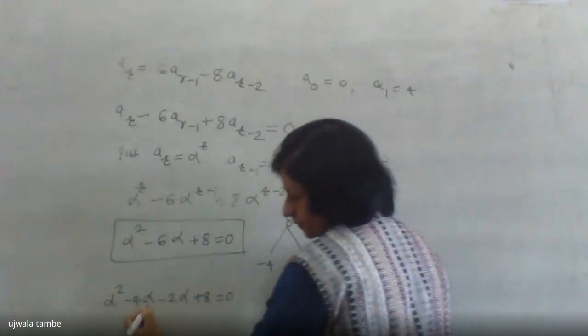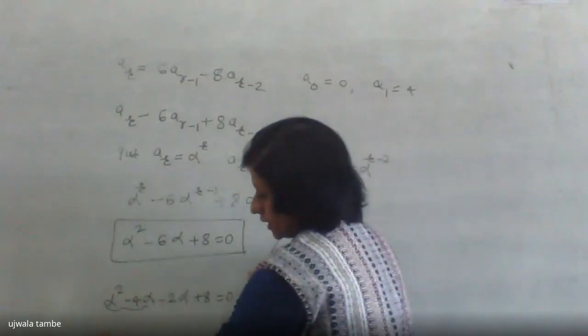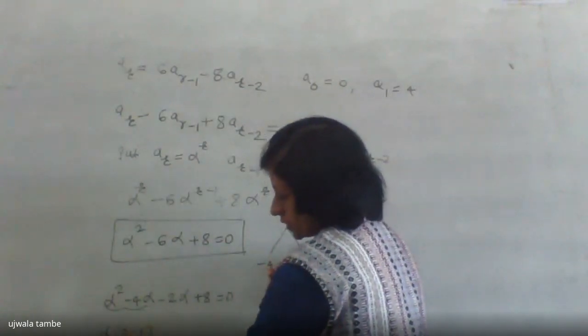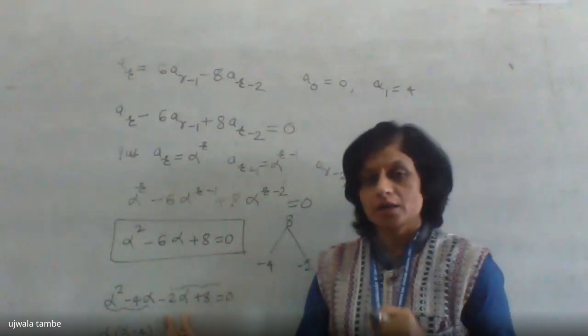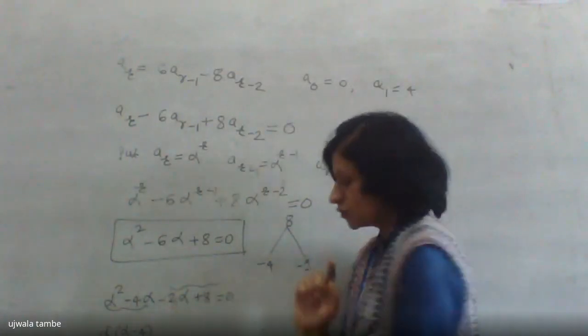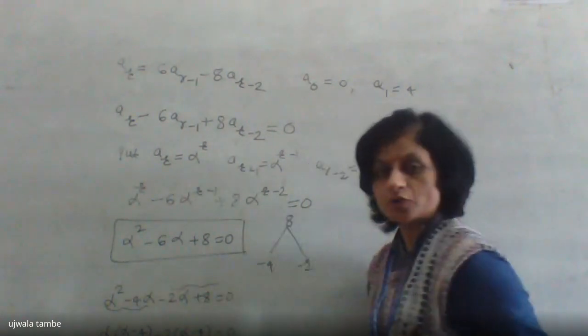Consider the first two terms. Here the common term is alpha, in bracket alpha minus 4. Consider the last two terms. Here the common term is minus 2. Minus 2 into alpha minus 4 is equal to 0.